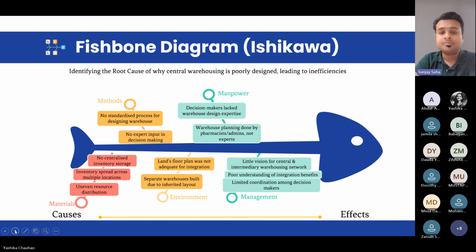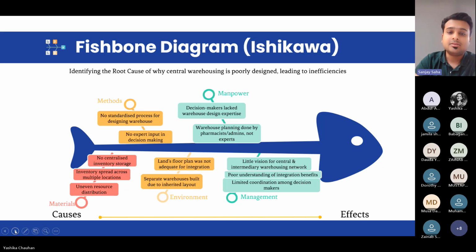Some of the causes are: decision makers lacked warehouse design expertise, warehouse planning done by pharmacists and not logistics or warehouse experts, little vision for a central and intermediary warehousing network, poor understanding of integration benefits, limited coordination among decision makers.